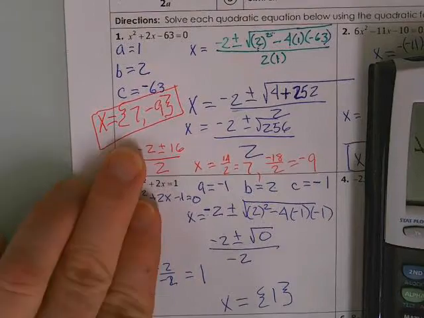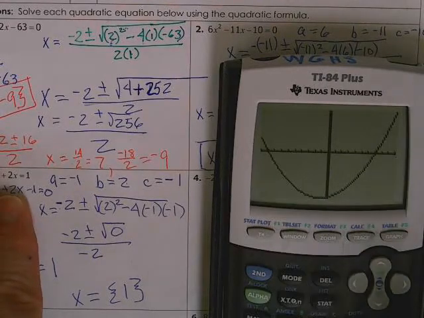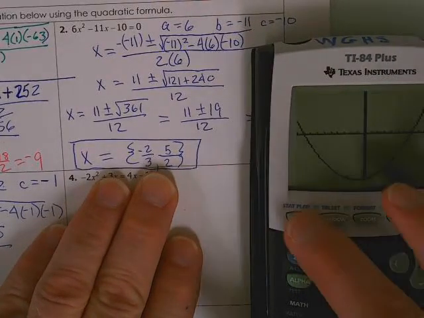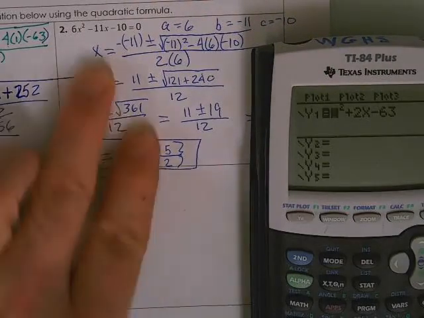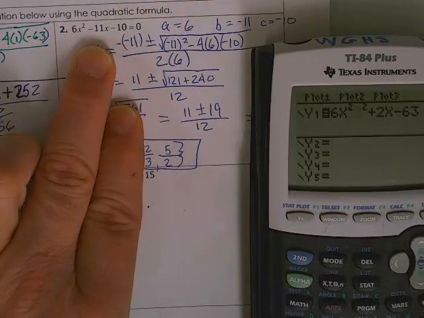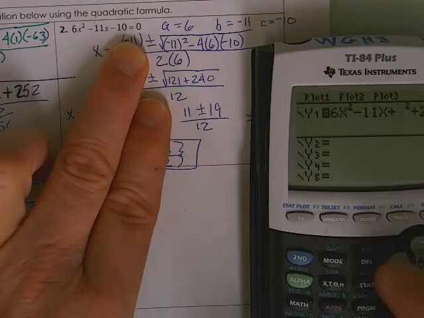So this is just a way to find the solution where this is equal to 0 without having to graph. And sometimes the numbers are not easy to tell. Like here, let me graph this equation, 6x squared minus 11x minus 10.